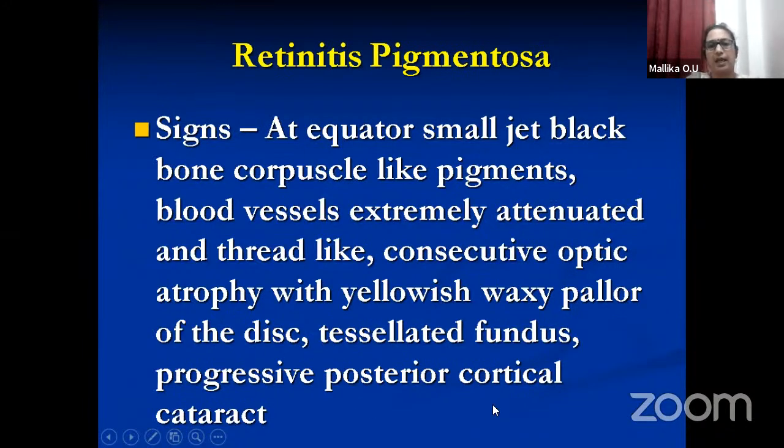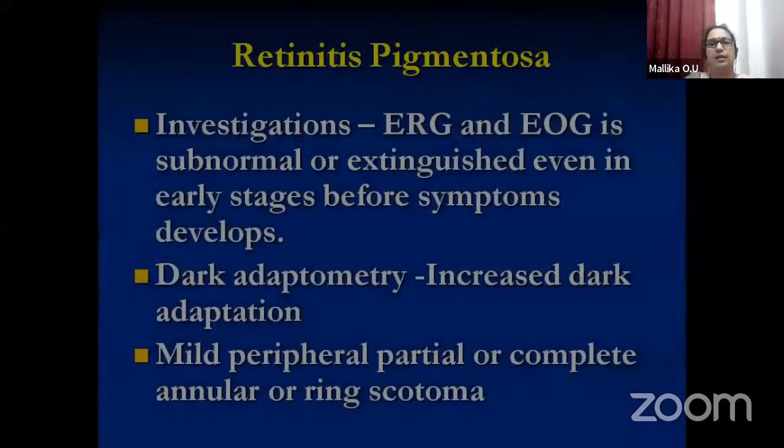Other features include a posterior complicated cataract or posterior cortical complicated cataract. So one cause for a complicated cataract is retinitis pigmentosa. Other common causes include anterior uveitis, high myopia, etc.